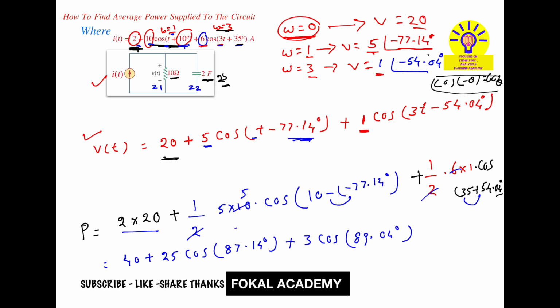By using calculator, it becomes 40 plus 1.247 plus 0.05, that's equal to 41.5 watts. So this is the required average power for the given circuit, and this is the process of simplification.